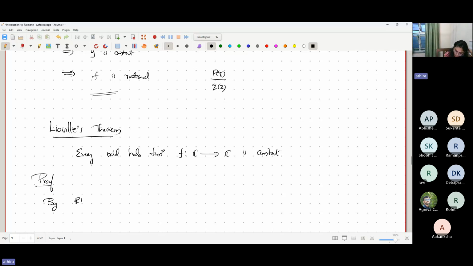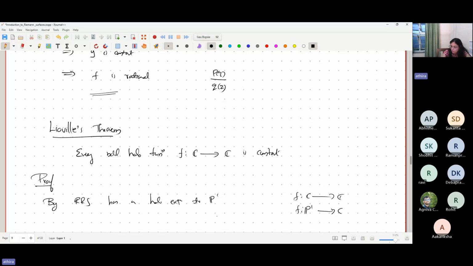By Riemann's removable singularity theorem, f has a holomorphic extension to P1. I have a holomorphic function f from C to C, and C is a deleted neighborhood of infinity, and f is bounded on that neighborhood.